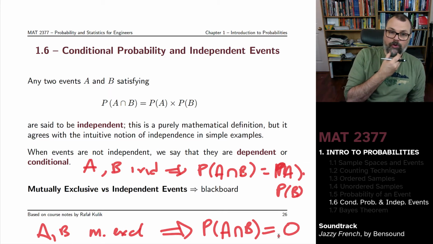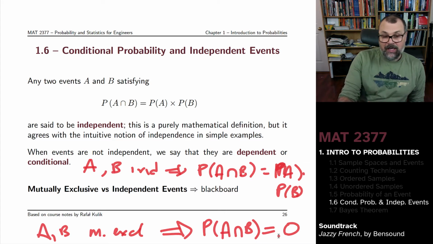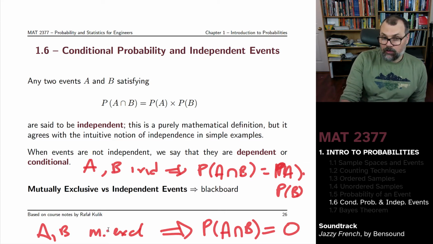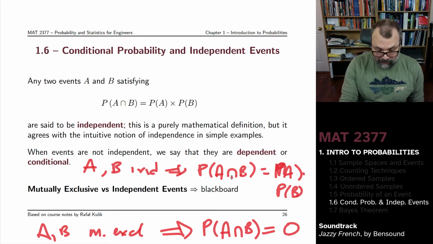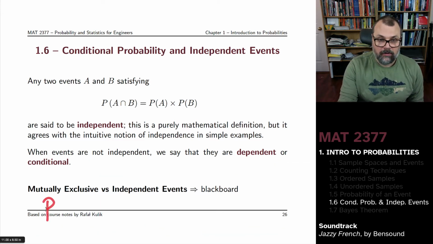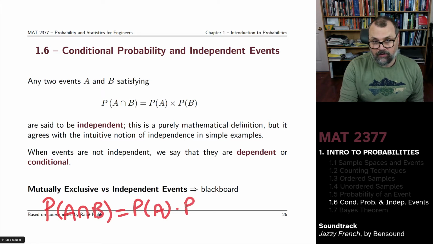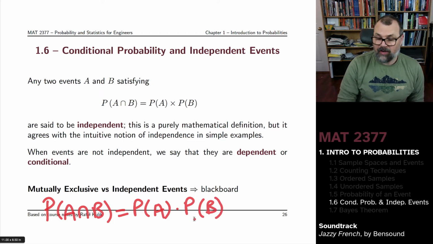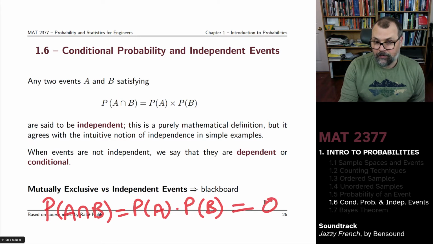In order for these events to be independent and mutually exclusive, we would need to have that the probability of the intersection would be, on the one hand, the product of the probability of A and the probability of B, and on the other hand, it should be equal to 0.